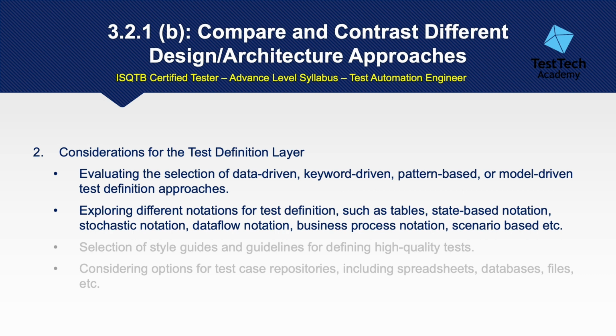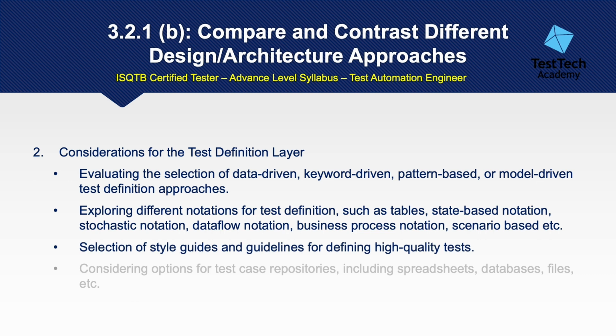Whether using tables, state-based notation, scenario-based, or others, selecting the appropriate notation ensures clarity and consistency in test design. Choosing the right notation ensures that everyone on the testing team and other stakeholders understands the test cases the same way, and it's like speaking the same language within the whole team.